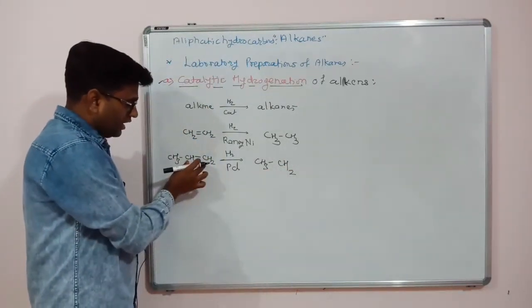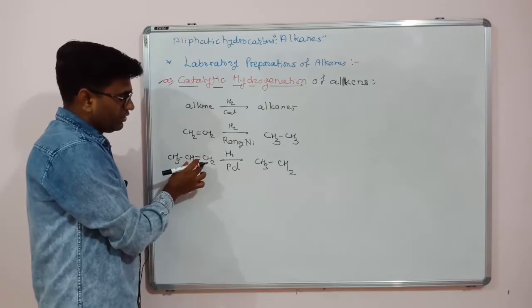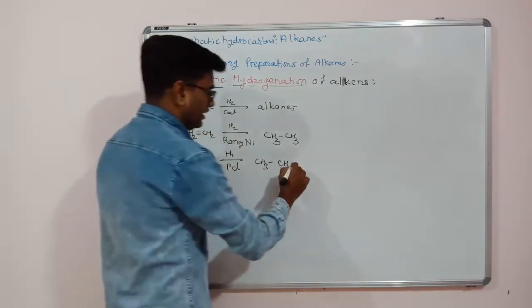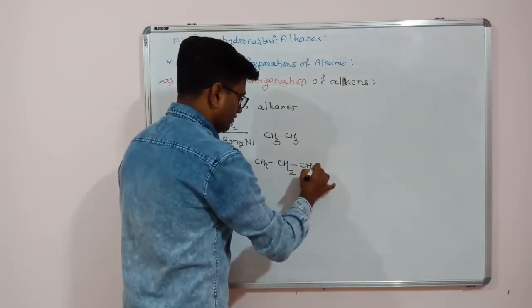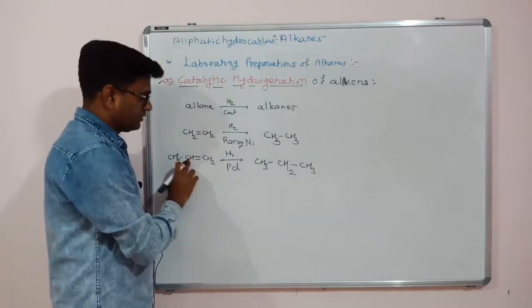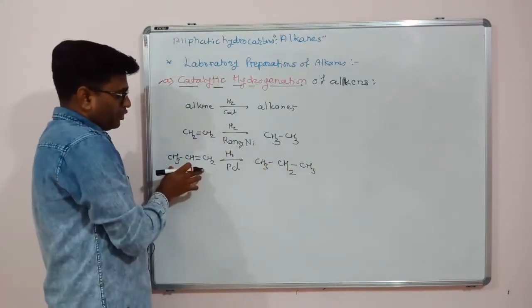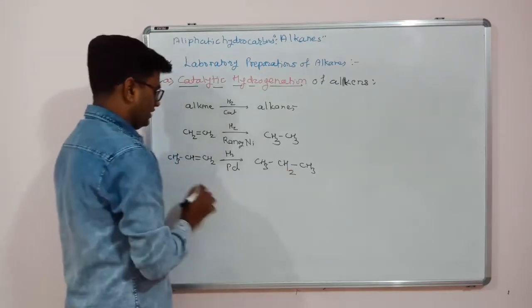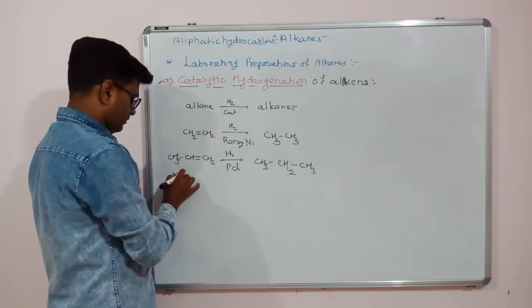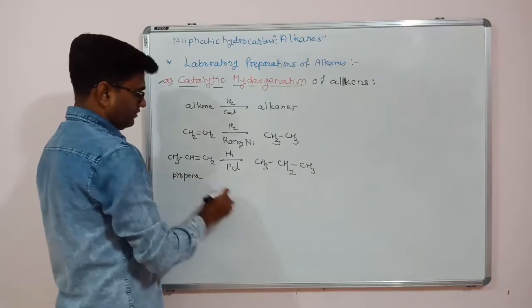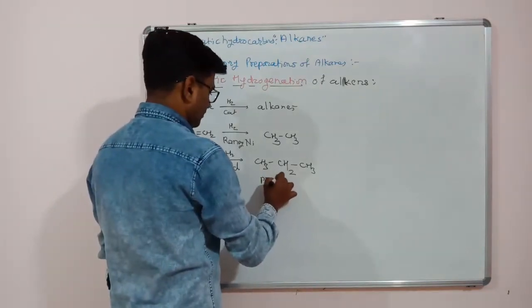R group it's okay. Alkene, इथं अल्किन आहे बघा. So this double bond becomes a single bond and each carbon will get one hydrogen. So this CH becomes CH2 and this CH2 becomes CH3. So propene to propane. This is propene, and this one is propane.